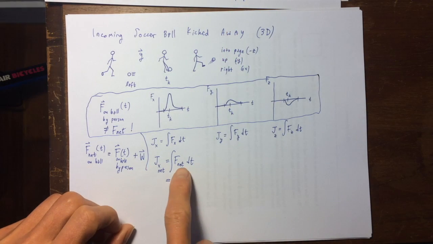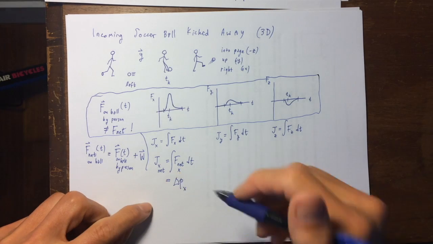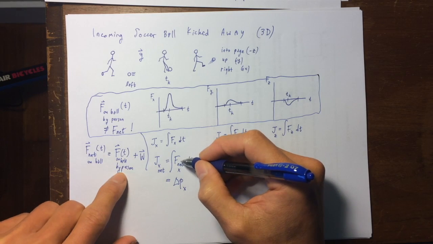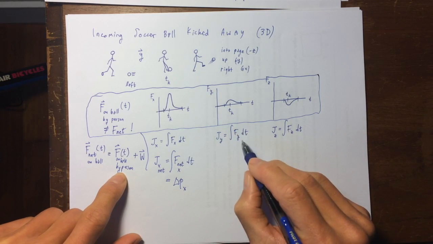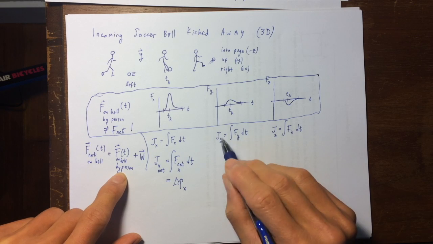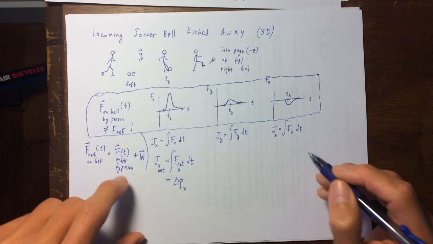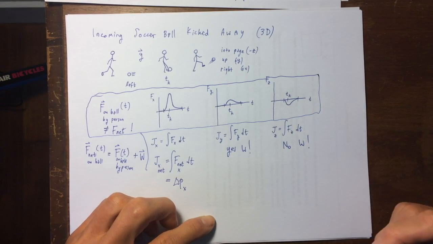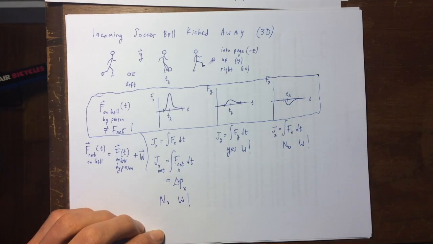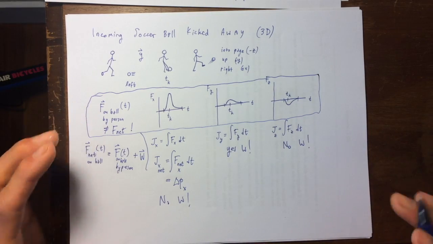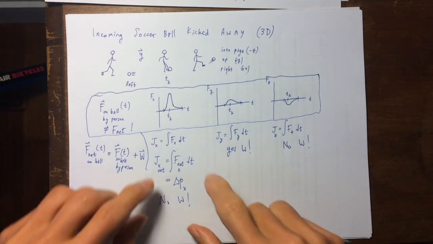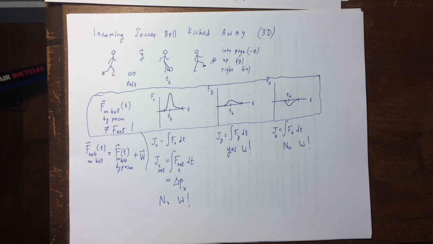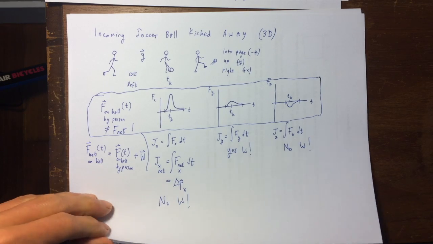So actually, there is no W here, and so F net x in this model of the net force, F net x is just the force on the ball by the person. But in the y direction, this is where W will show up. W is not in here. So I'll put yes, W, no, W, no, W. All right, we're thinking conceptually, semi-mathematically. There is definitely integrals in here, and that's even still semi-mathematical. Okay, so let me continue with this.